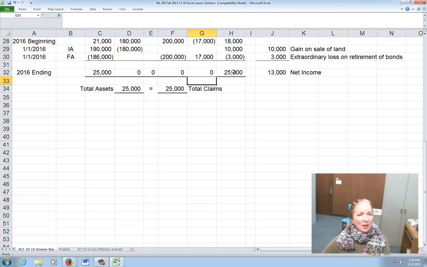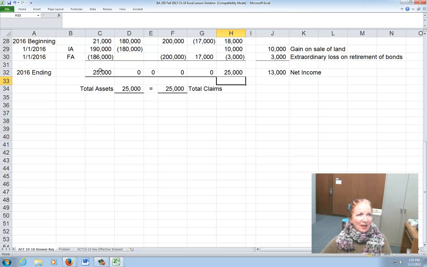And now retained earnings has $18,000 beginning balance. It has a $10,000 gain and a $3,000 loss. So the sum of those is going to be $25,000 in retained earnings. And we like that because we need our claims and our assets to equal one another.